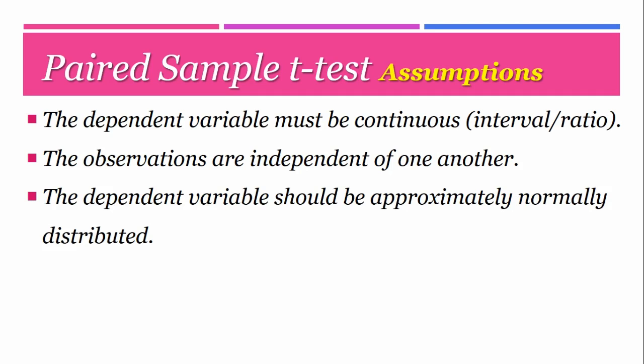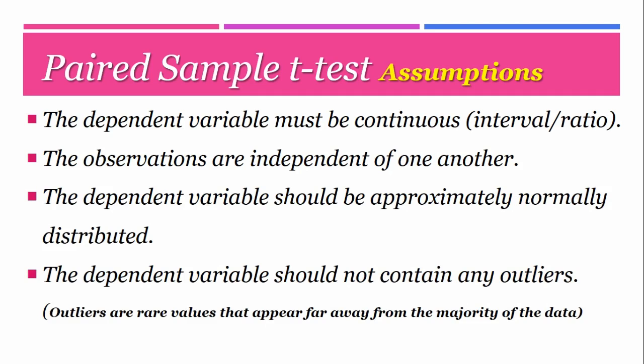The dependent variable should be approximately normally distributed, and the dependent variable should not contain any outliers, meaning the data should be normally distributed on either side of the mean, and the data should not be far away from the mean as well as from the other data.